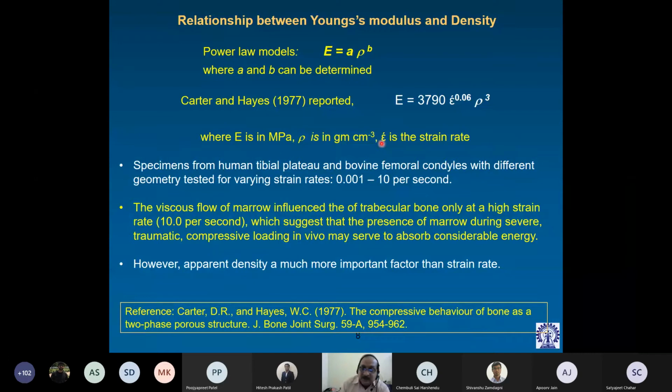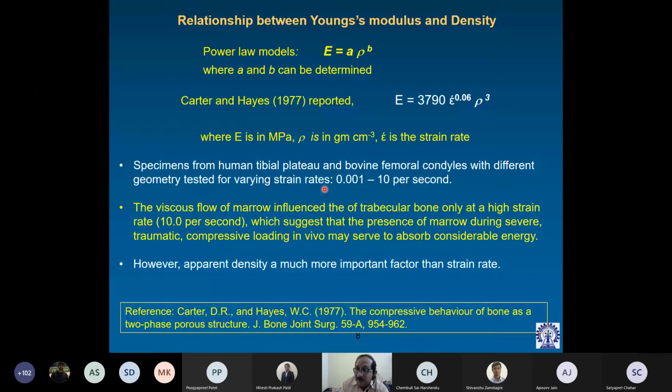Now, the specimens were taken from the human tibial plateau and bovine femoral condyles. So you have a mixture of human bone taken from the tibial plateau, and bovine, which is cow bone, femoral condyles, with different geometry, tested for varying strain rates.